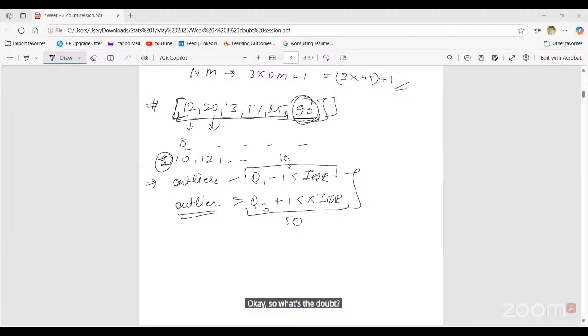Ma'am, in question number 1 the answer is coming in decimal, 71 point. What about others? Have they solved this question? You're also getting the same answers in decimal.